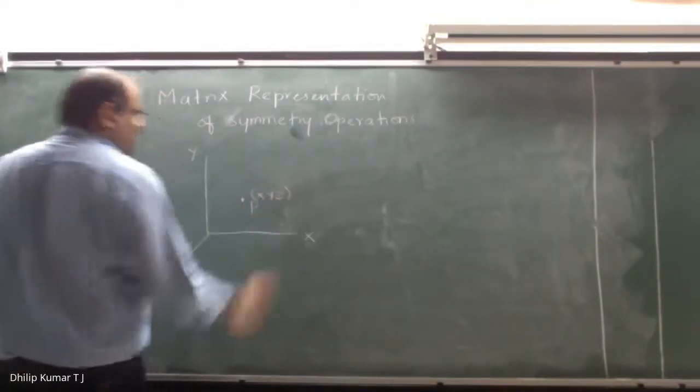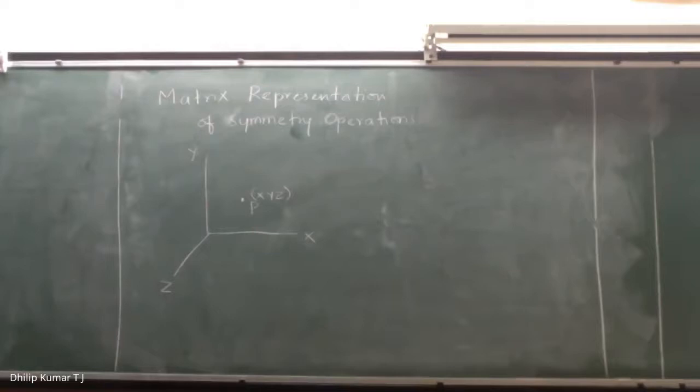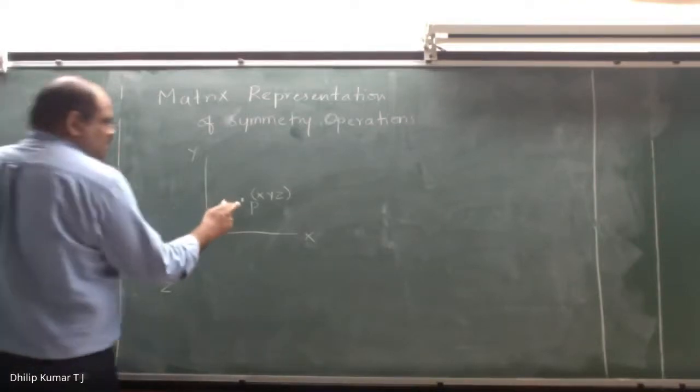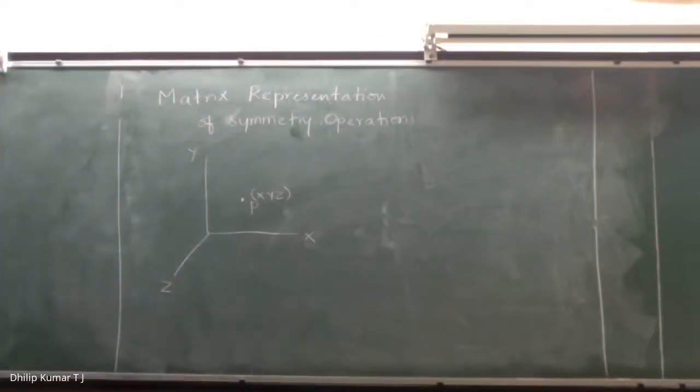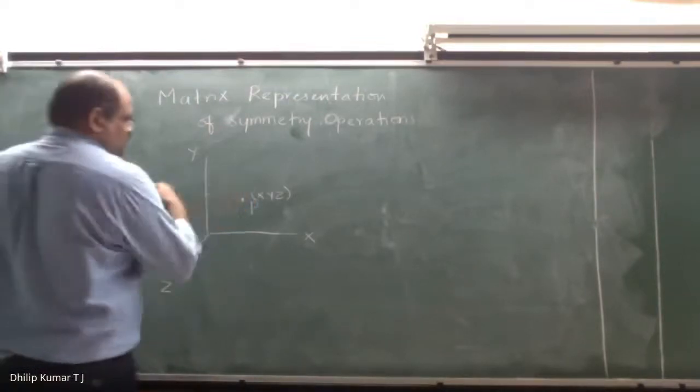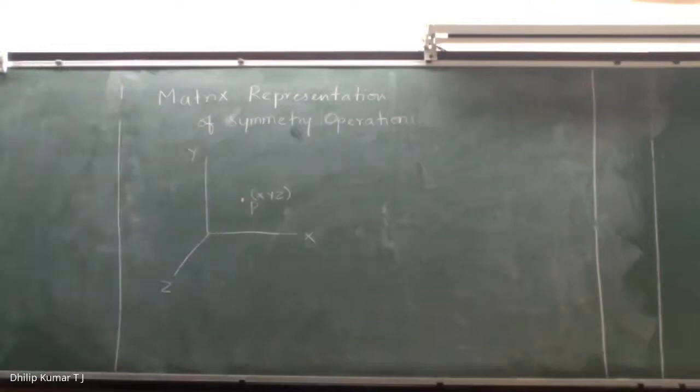The point P can be represented by coordinates x, y, z. So if you perform a certain operation, the position of this point P is going to change. So the coordinates are also going to change. If it changes, how can a matrix be used to represent and identify that?